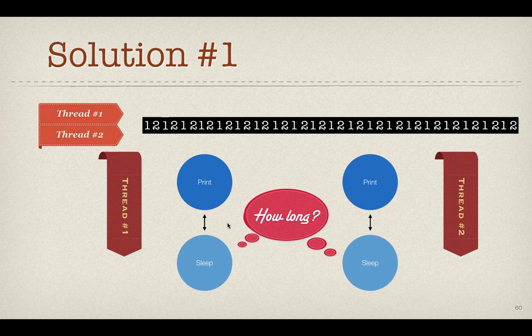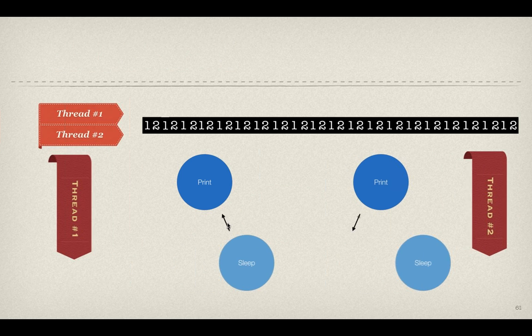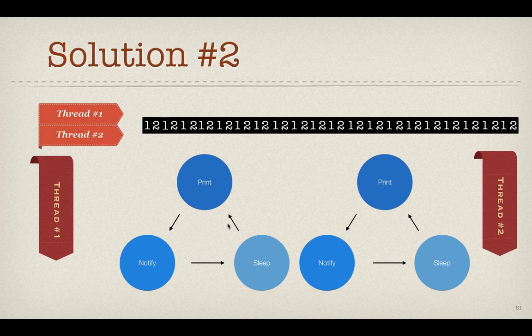We can put something like 1 second, that may be more or that may not be sufficient also. So then what we can do is an operation like, for example, print and then notify the other thread to continue, and then sleep. Then the other thread will be printing because it got notified, and once it has printed, it can notify and then sleep.